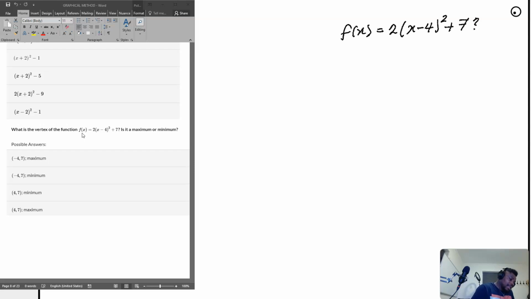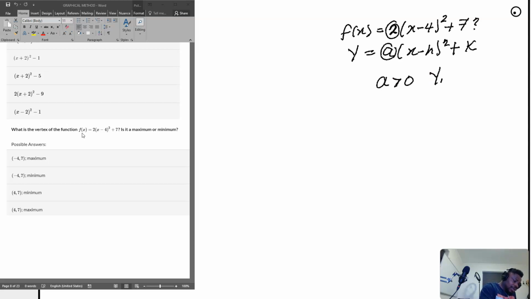The first thing is our a, you know, our general formula is this. That is the first thing. So our a here is 2. So a is greater than 0. When a is greater than 0, you can only find y minimum. So we already know it is a minimum value.